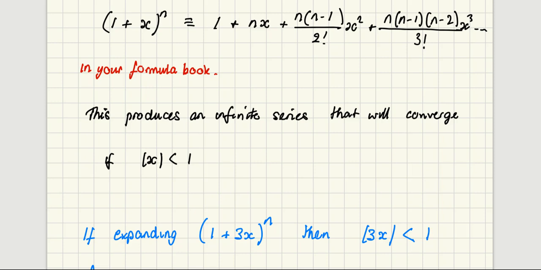So we know that the x value has to be between -1 and 1, otherwise it will just get bigger and bigger. So the absolute value has got to be less than 1.